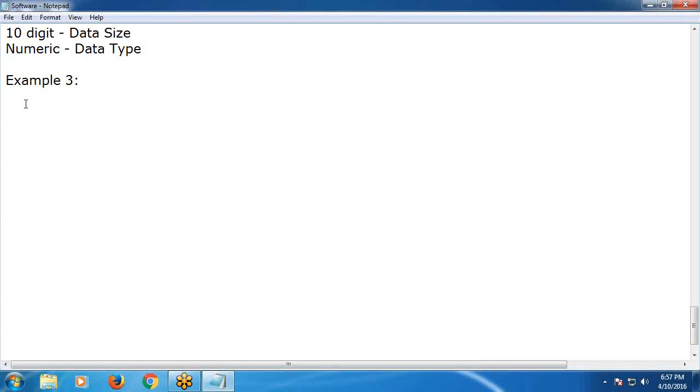Okay, observe. Customer age field accepts age value from 21 to 65 years, numeric data.